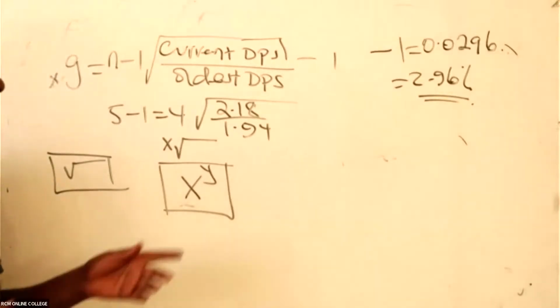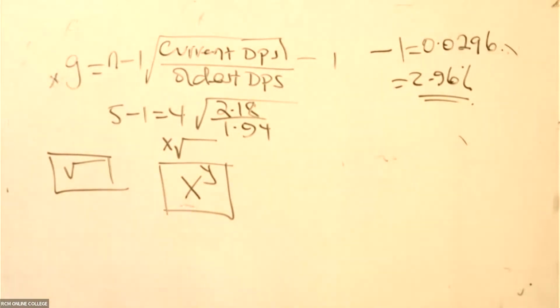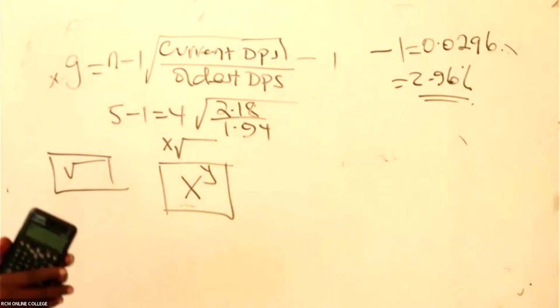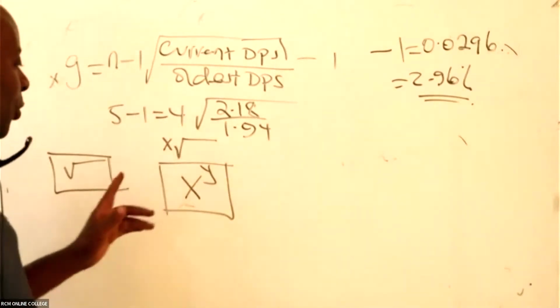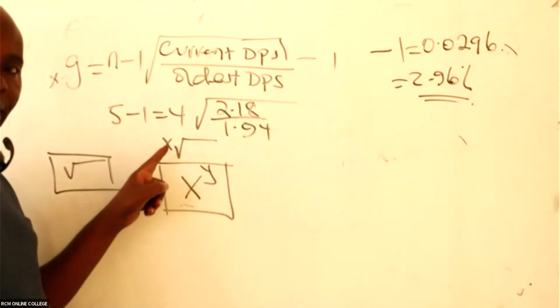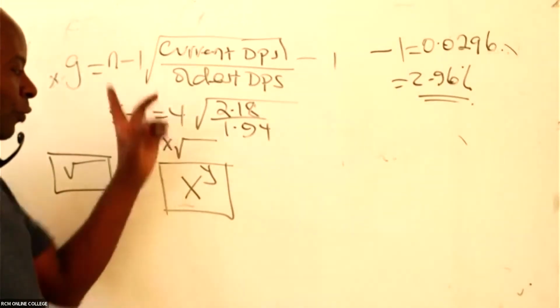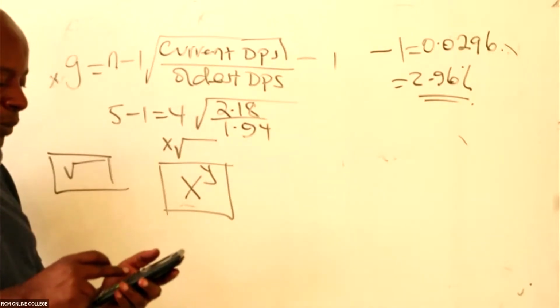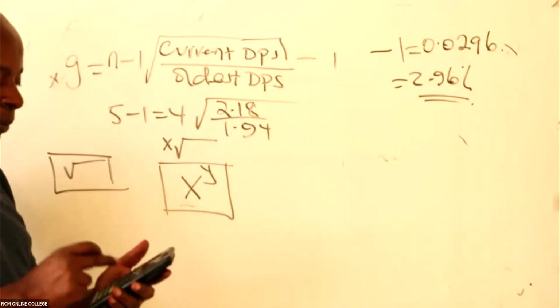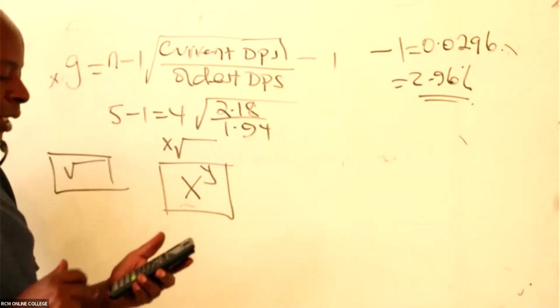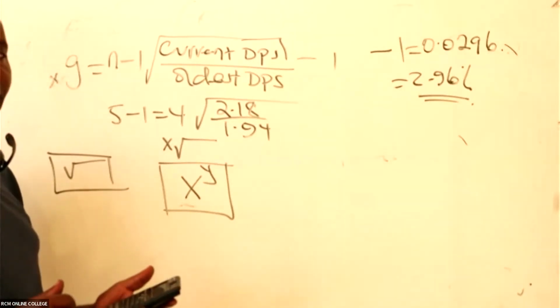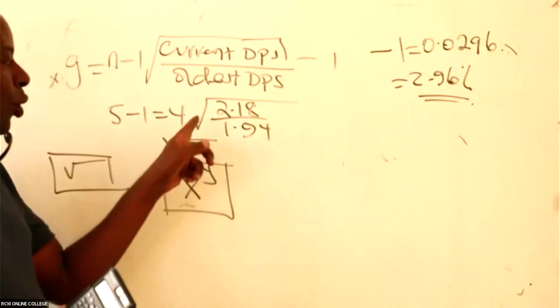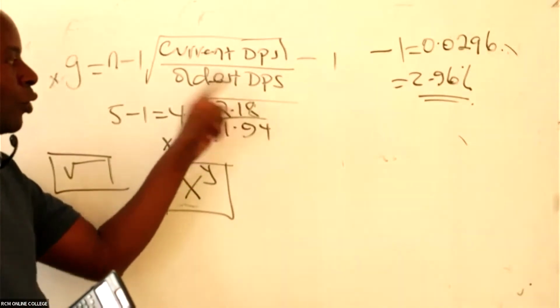Before I start using this x root, I will have to punch 4, because 4 is outside. This x root is a second function, so I have to shift. Say shift, and then open brackets, because if you don't open brackets you don't get the right value of the top number.